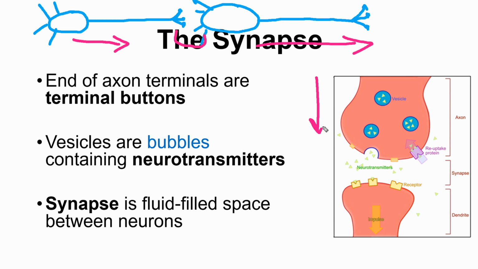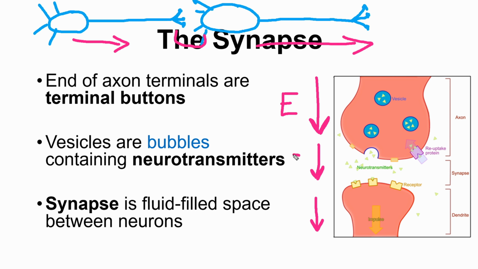Our signal is transmitting in this direction, and this is where we start talking about how we go from an electrical signal, which was our chemical charges in the axon, and turn it into a chemical signal to go between the cells, and then turn it back into an electrical signal once we're in the next neuron.